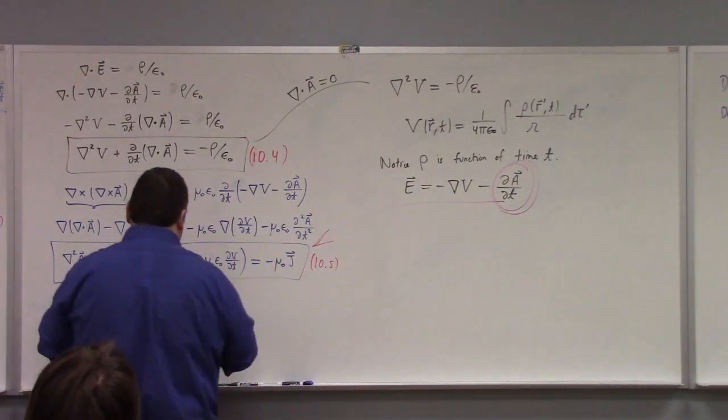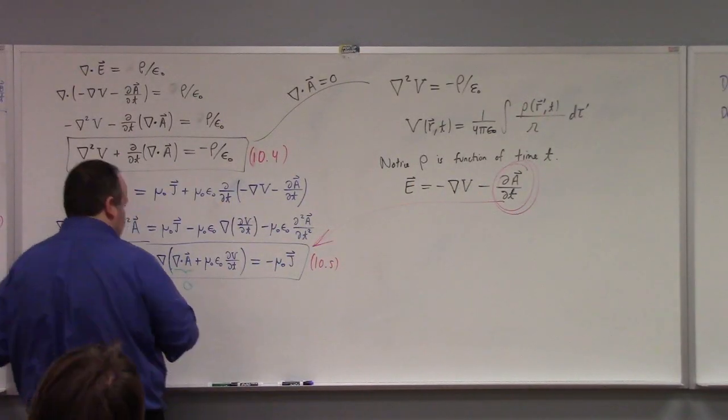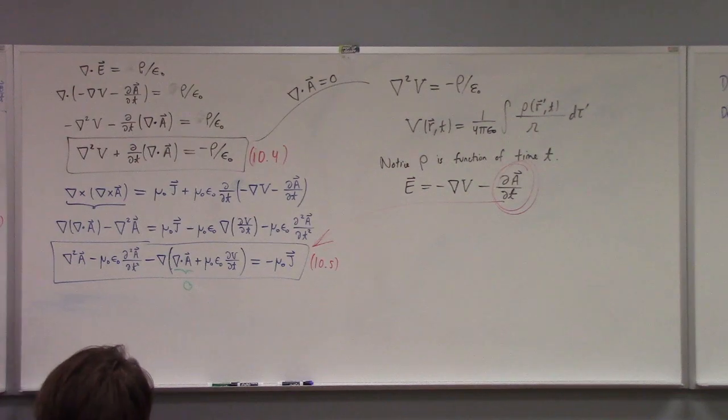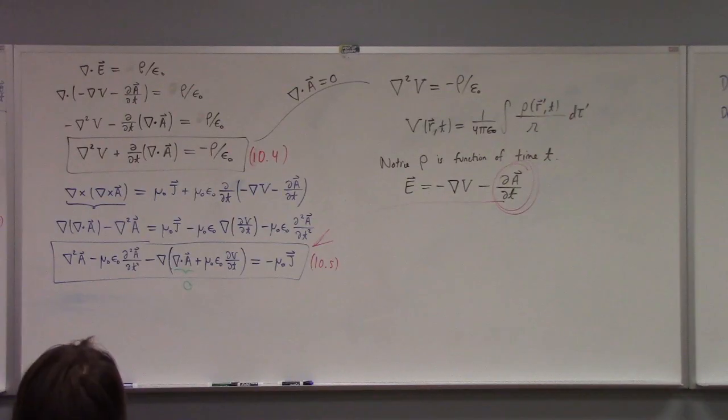Ooh, this is 0. Yay, what a simplification. Not really, though, right? So calculating A in the Coulomb gauge is monstrous if the sources are time varying. So you don't want to do this, is what I'm telling you. And for that reason, from here on out, we will adopt the Lorentz gauge.